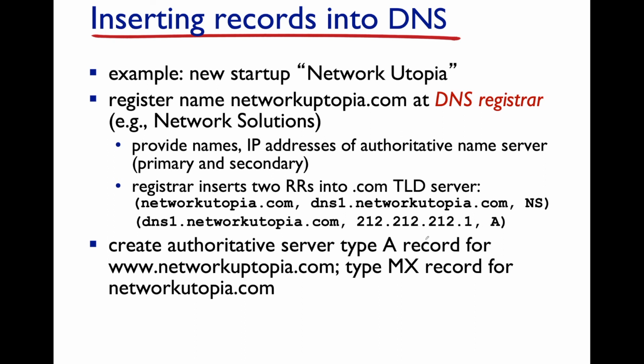And so you create the authoritative server type A record for networkutopia.com, and you could also additionally create others like the mail server record for networkutopia.com. And so your domain name registrar is the one that pushes these entries into the TLD server so that the world will know ultimately where to go to look up name, address, IP mappings for your domain.